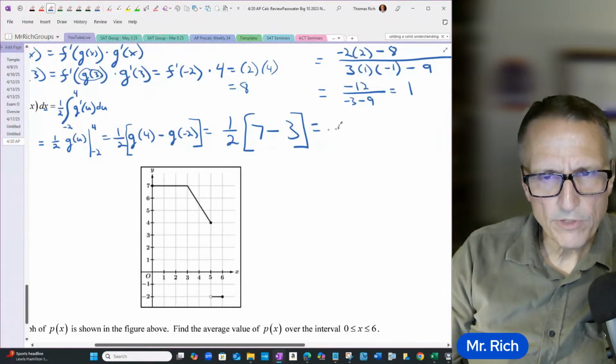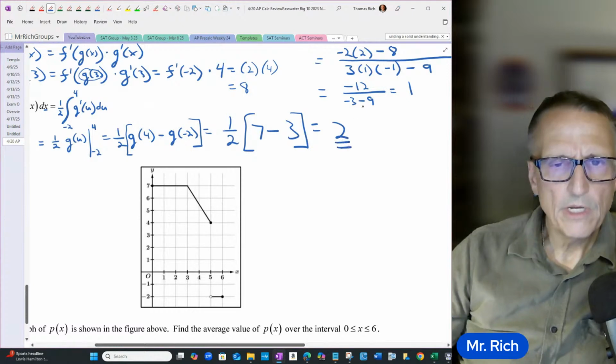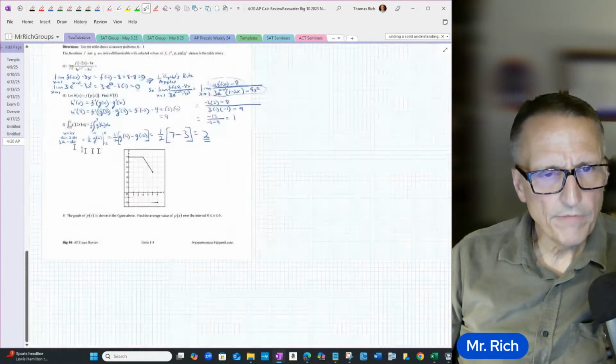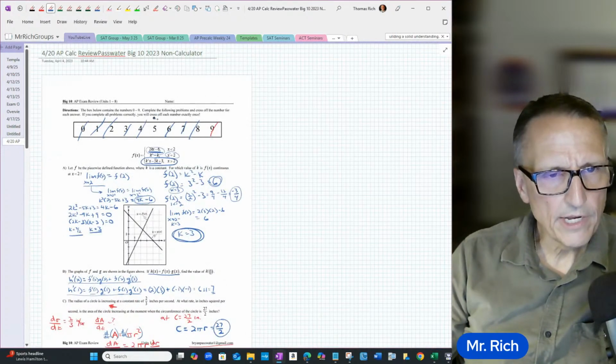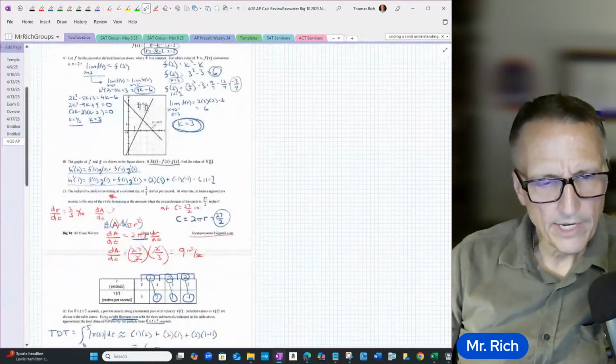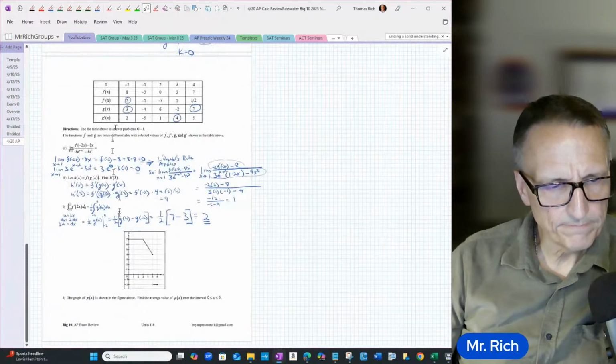Seven minus 3 is 4, times 1/2 is 2. I believe that was one of the 2 unused answers. It was. It looks like we're down to an answer choice of number 5.